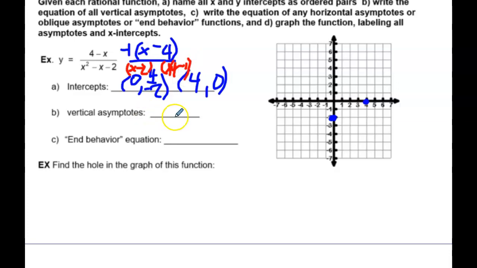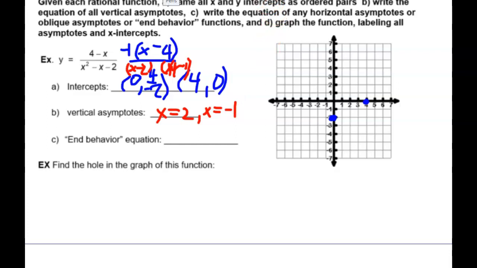The vertical asymptotes would be at x equals +2 and -1. What was this factor? X plus 1. So it's x equals -1. Somebody tell me if I'm wrong. I'm really confusing myself here.